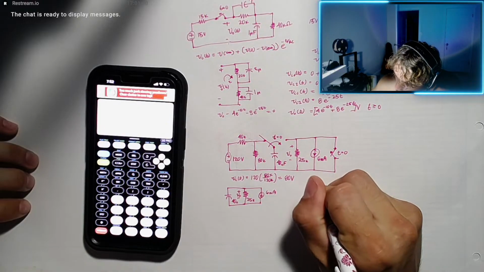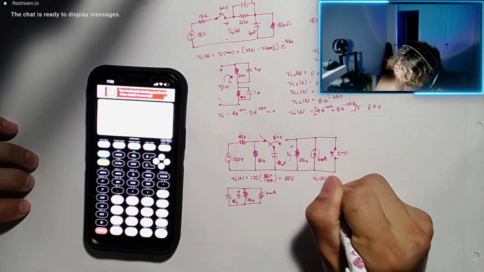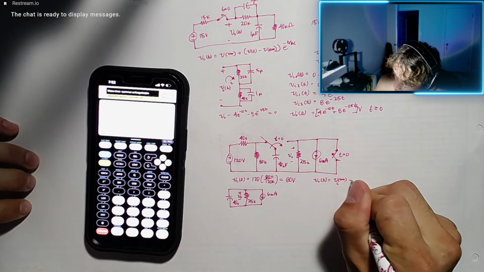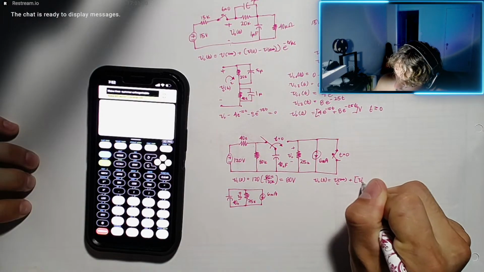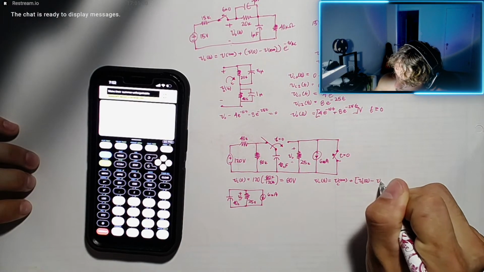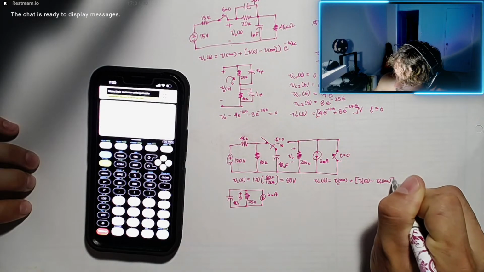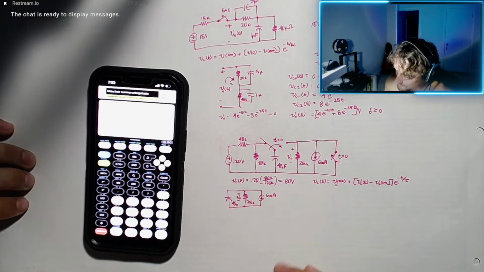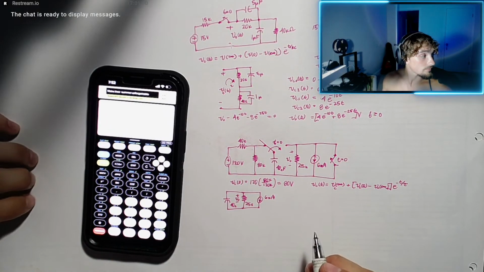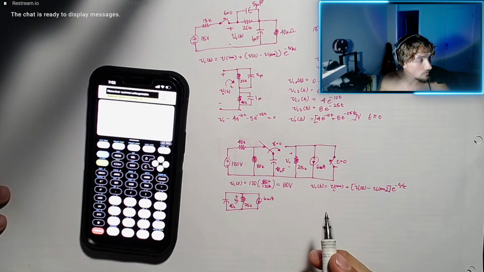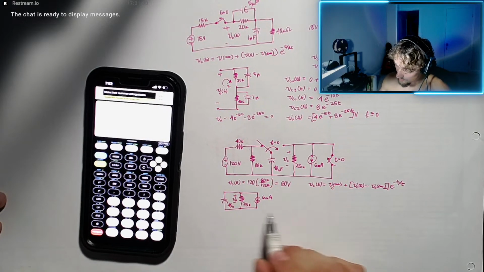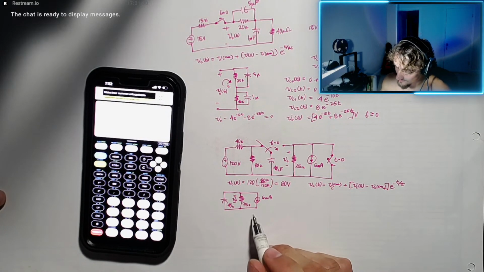And we know that the voltage across the capacitor as a function of time equals Vc of infinity plus Vc of 0 minus Vc of infinity, times e to the negative t divided by tau, which is RC for this circuit.